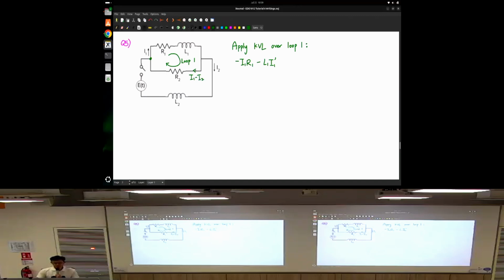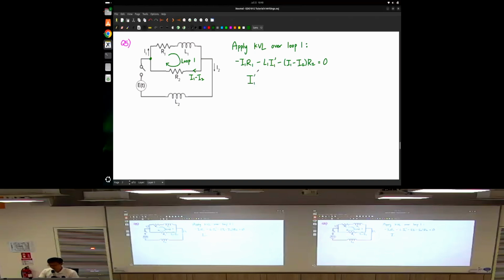So I1 minus I2 is flowing through R2, which drops another voltage, I1 minus I2 times R2. Then go back to the original start point, equals 0. Any objections?